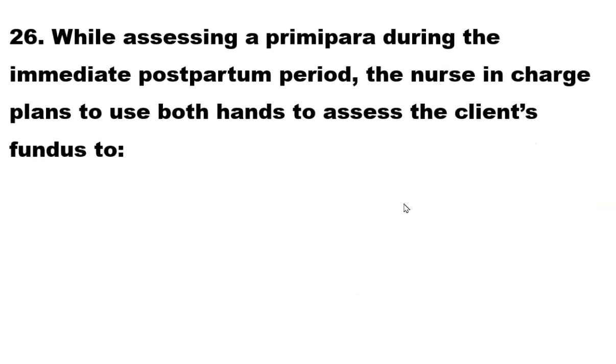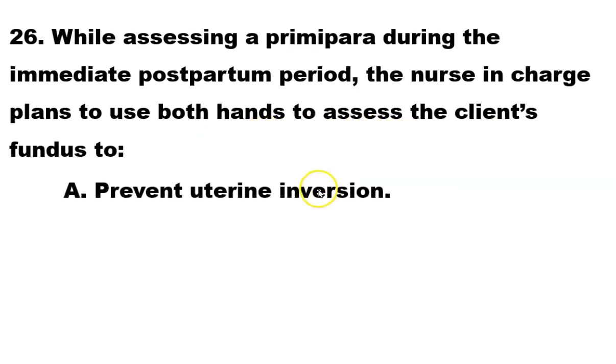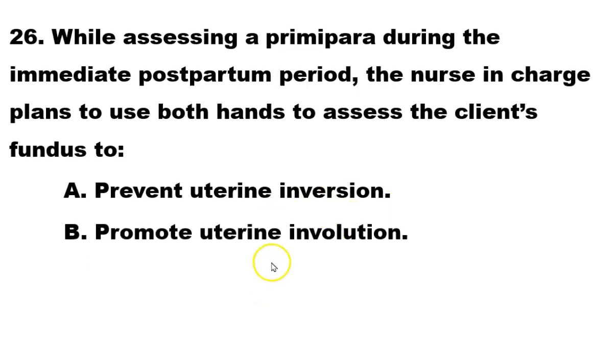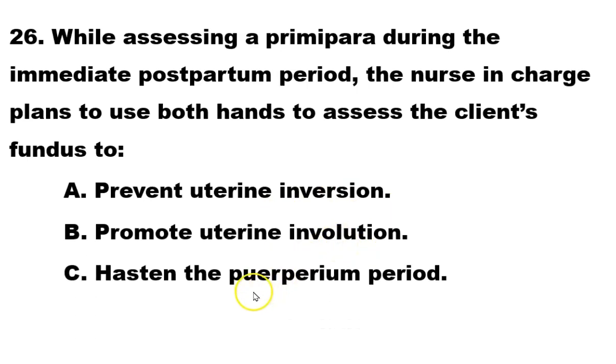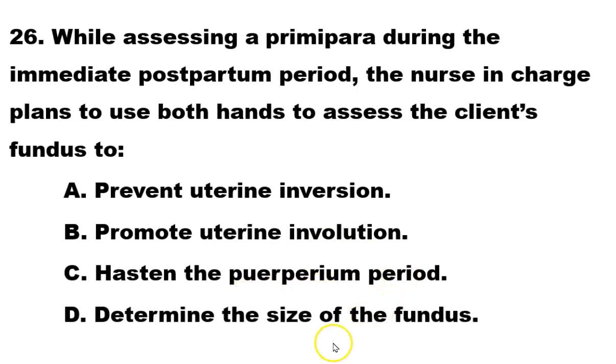The next question. While assessing the primipara during the immediate postpartum period, the nurse in charge planned to use both hands to assess the client's fundus to A. prevent uterine inversion, B. promote uterine involution, C. hasten the puerperium period, D. determine the size of the fundus.